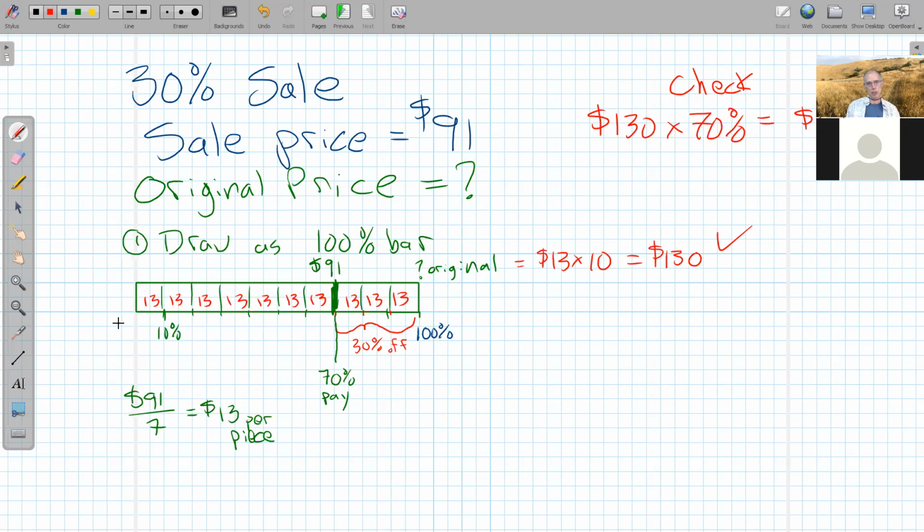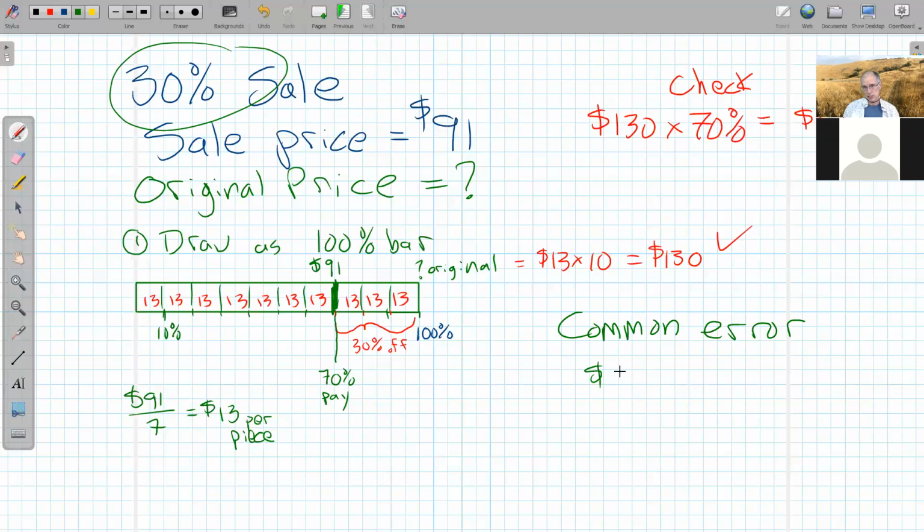All right, so we're going to pictorially solve this. So it's a problem-solving strategy. Common error is people want to apply the 30% right away. So they say, well, we should just take 30% of 91.